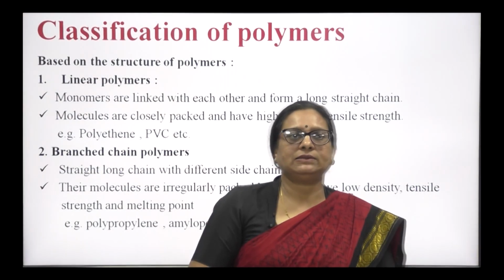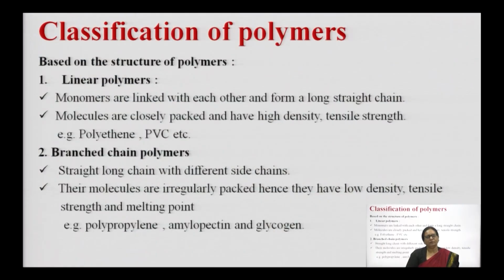The second type of classification of polymers is based on the structure of the polymer. Based on the structure, the polymers have been classified into linear polymers, branch chain polymers and cross-linked polymers. Linear polymers have monomer units which are linked with each other and form straight chains.